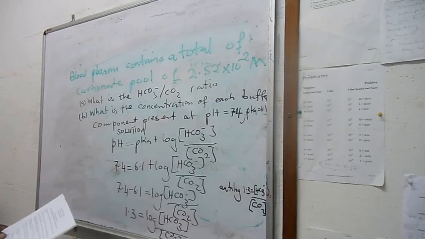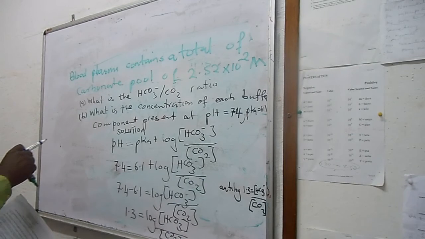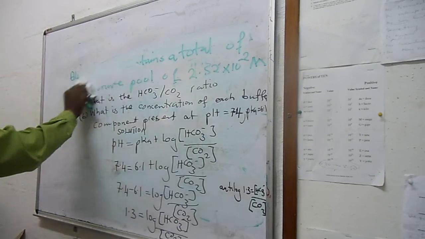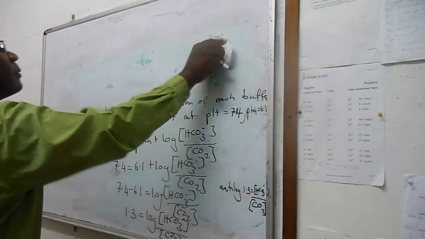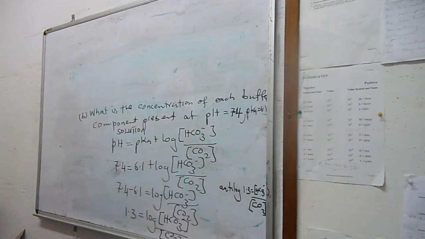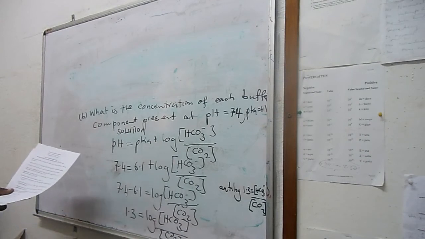Then the second question, what is the concentration of each buffer component? What have we been given?